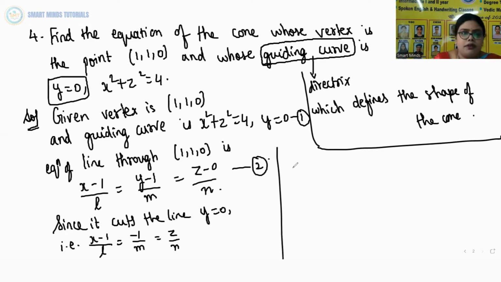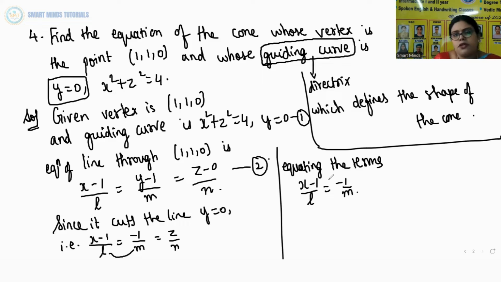Now if we equate the terms, if I equate first and second, I will get x minus 1 by L is equal to minus 1 by m.